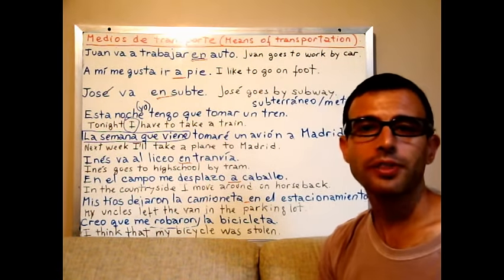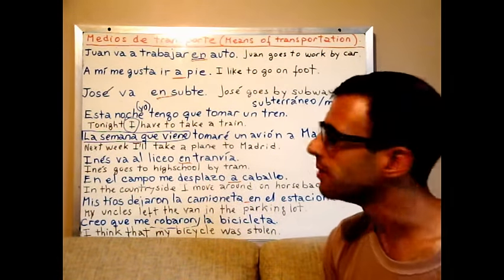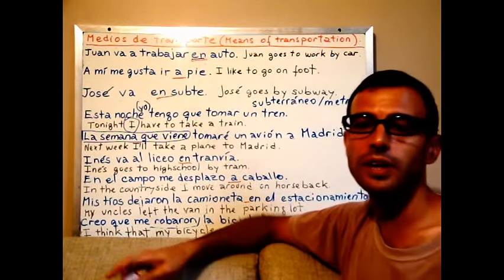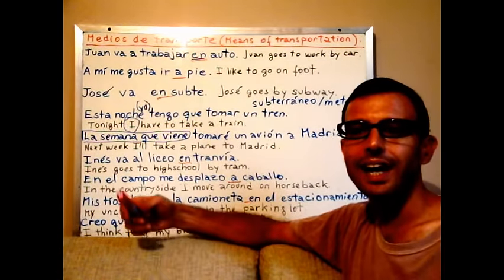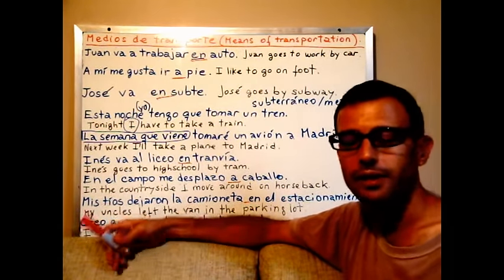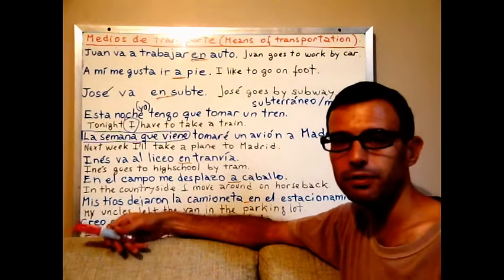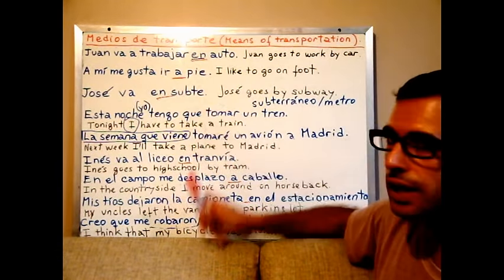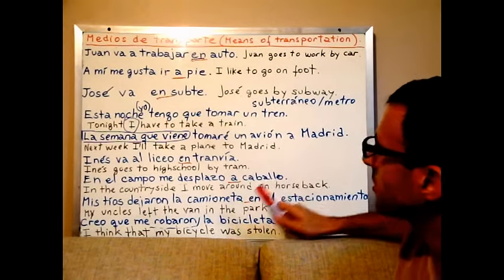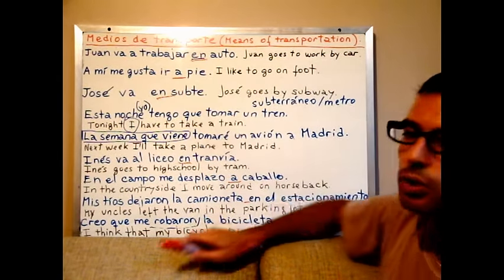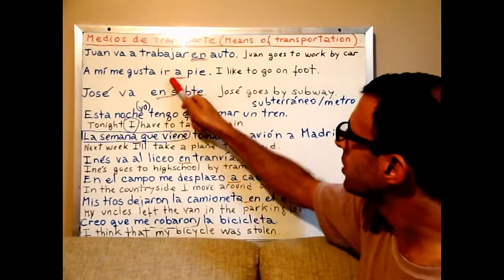So, one thing that is important to remember here is that for all the means of transportation we say voy en auto, voy en ómnibus, okay? I go by car, I go by bus. And for going on foot and going on horseback, a pie or a caballo, we use the word a.